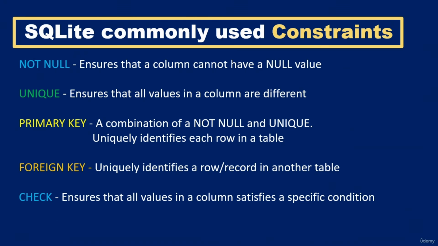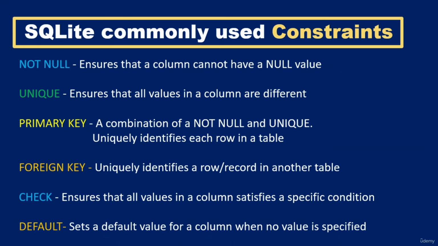Another constraint is called the default, which is used to set a default value for a column when no value is specified. So these are some of the commonly used constraints in SQLite.